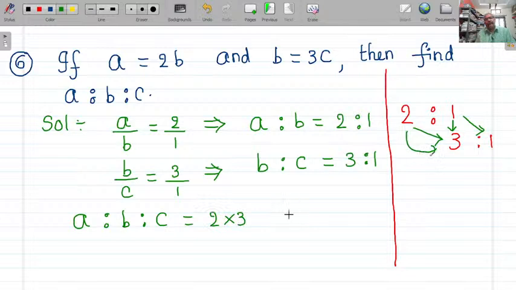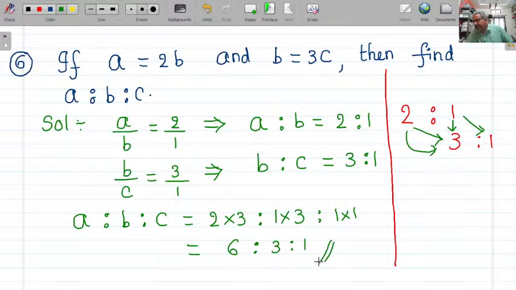Next 1 into 3. Next 1 into 1. So what is your answer? That is 6 is to 3 is to 1. So am I correct now? You check your answers, all of you.